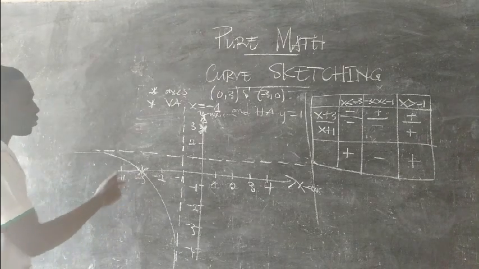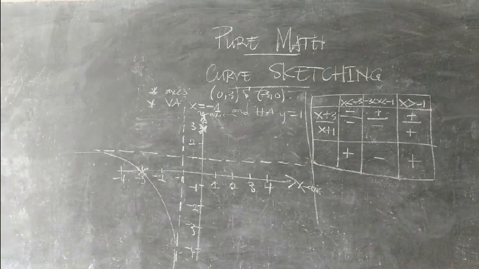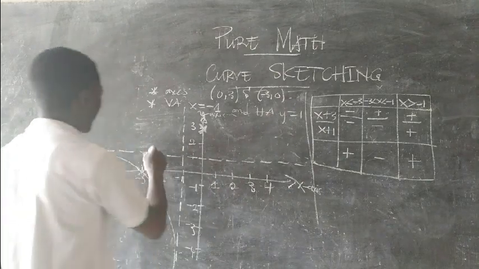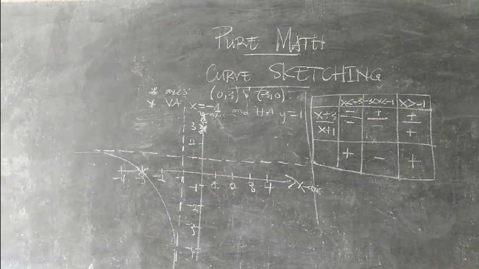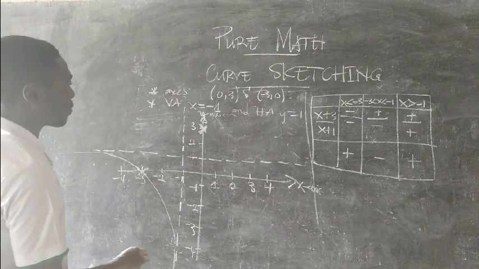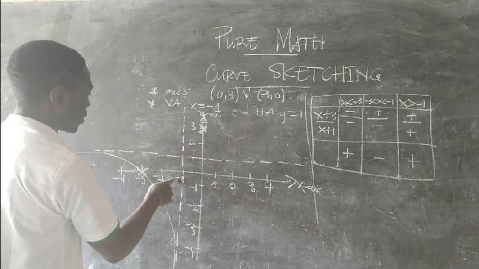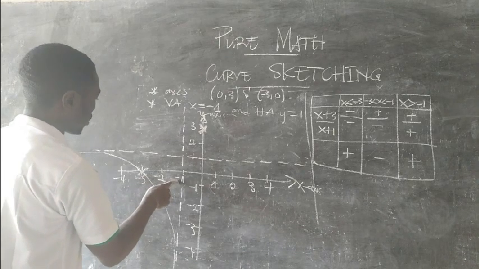For x less than negative 3, the graph lies in the negative, sorry for that. Our vertical asymptote here was this.